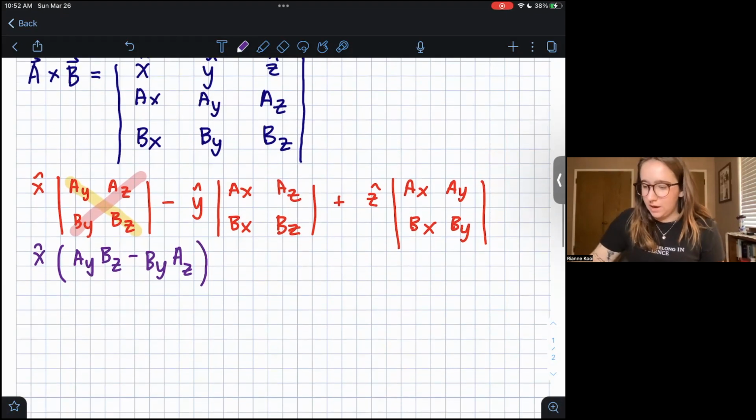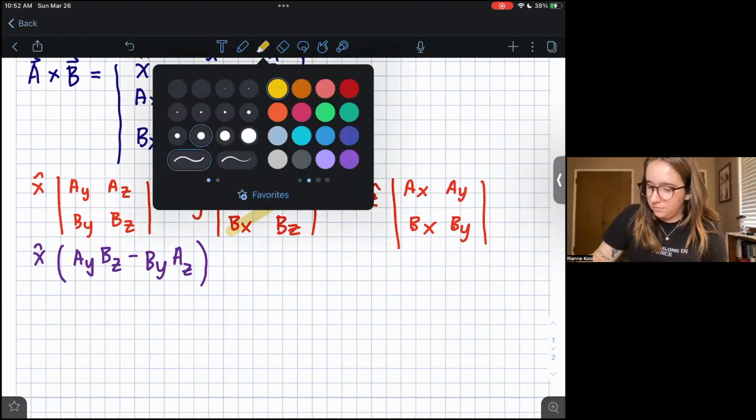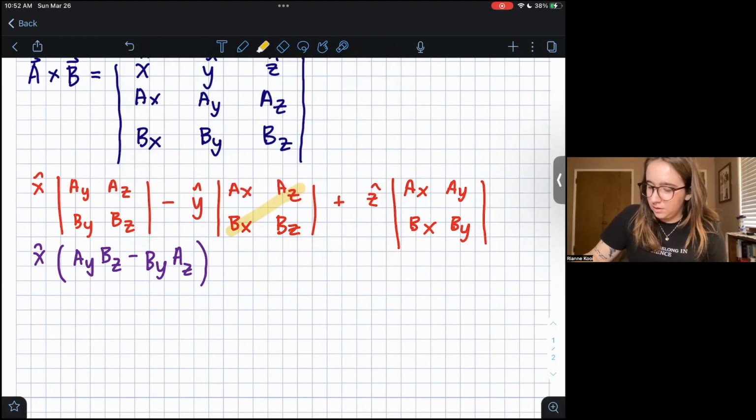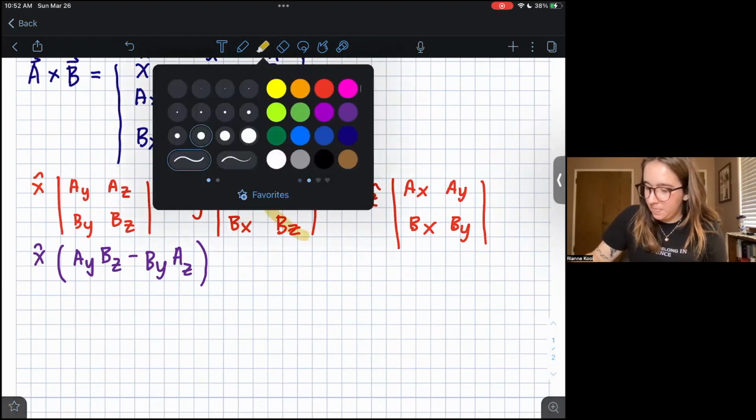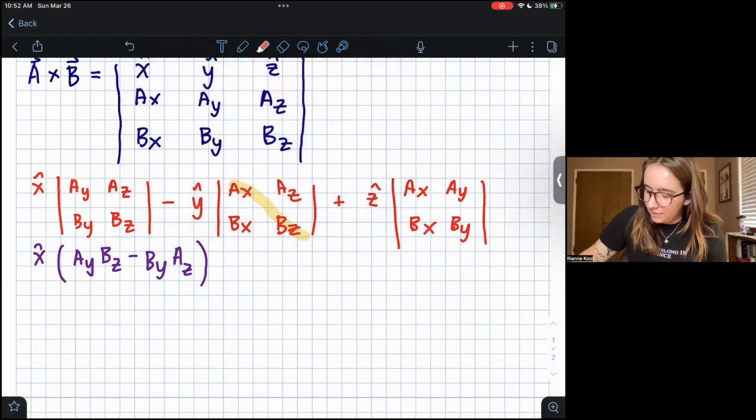And then we do it again for Y. So we have the same colors. We multiply AX and BZ, and then subtract it by BX and AZ.